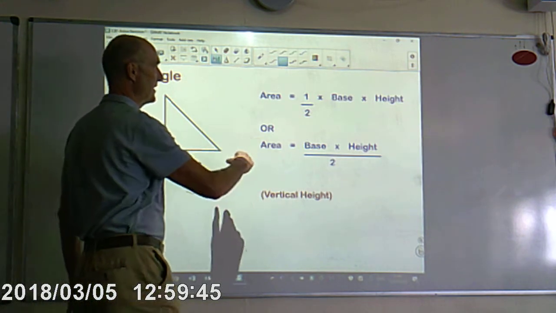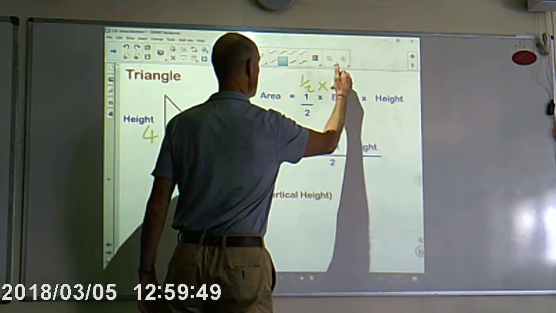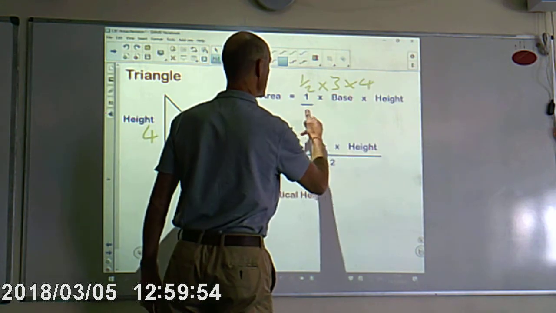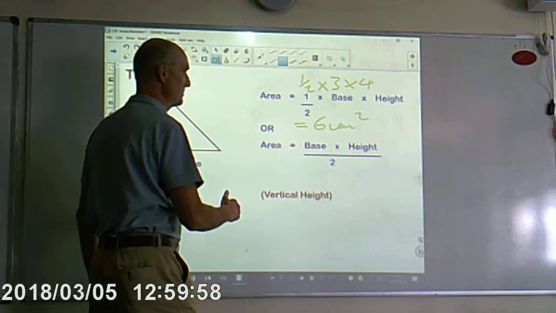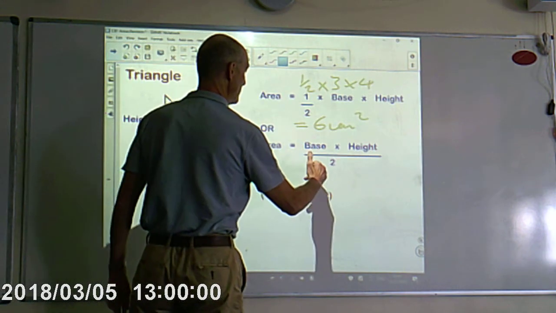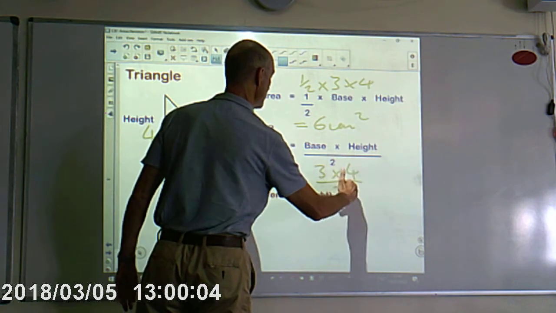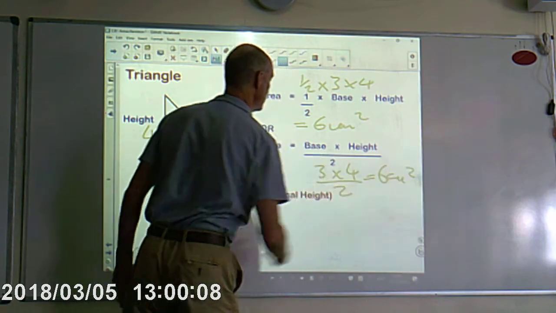A half times 3 times 4 would give us 6 centimetres squared. And similarly, 3 times 4 all divided by 2 is still going to give us 6 centimetres squared.